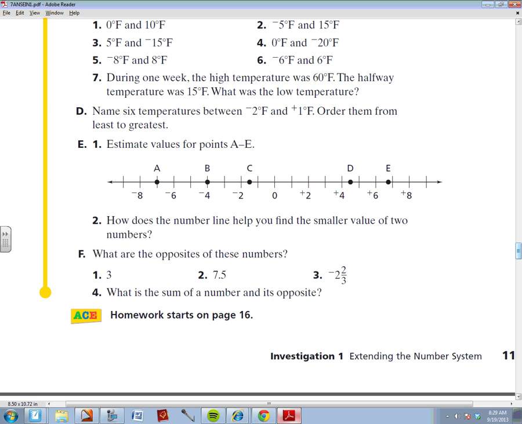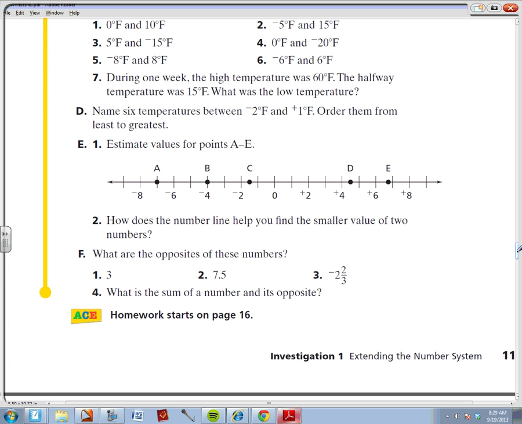Okay, so you came up with 6 temperatures between -2 and 1, and you could have come up with -1.9, -1.8, -1.7. All right, and then you could have said 0.